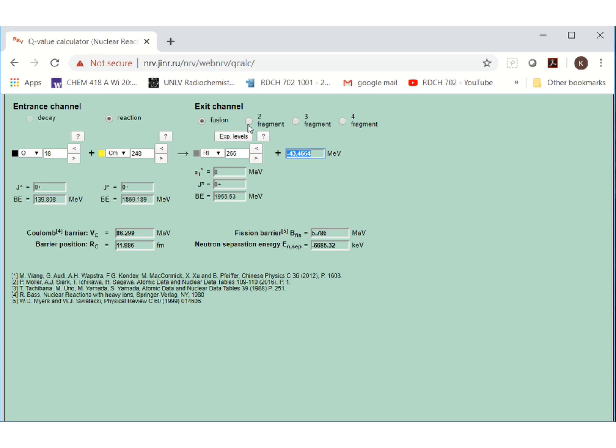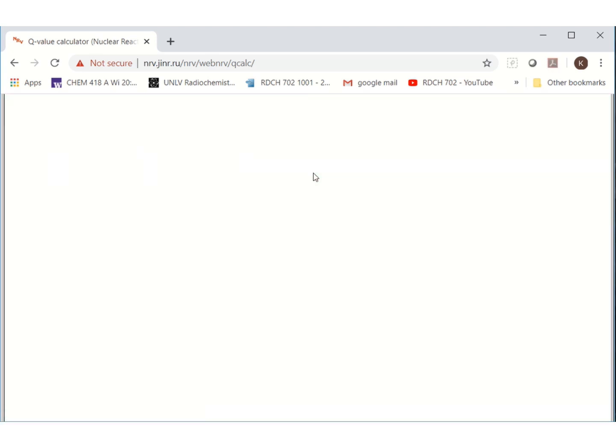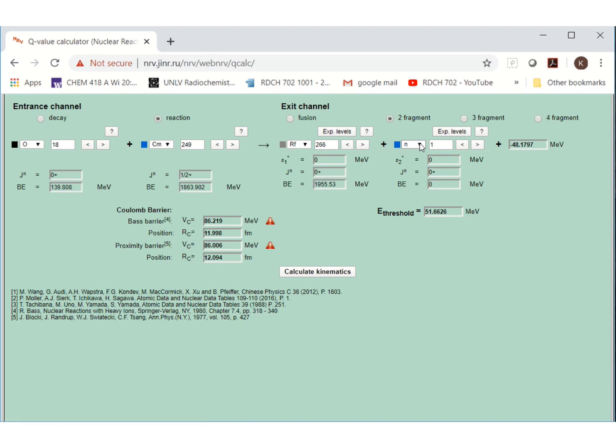But I could also say let's make it into two fragments. Actually, I'd make 5 neutrons boil off. So this rutherfordium-266 would form, and it would give up 5 neutrons and make rutherfordium-261.